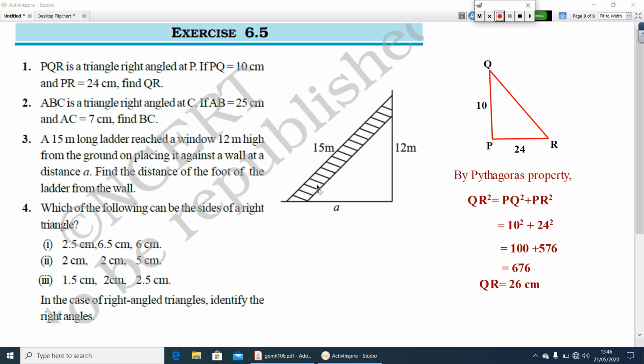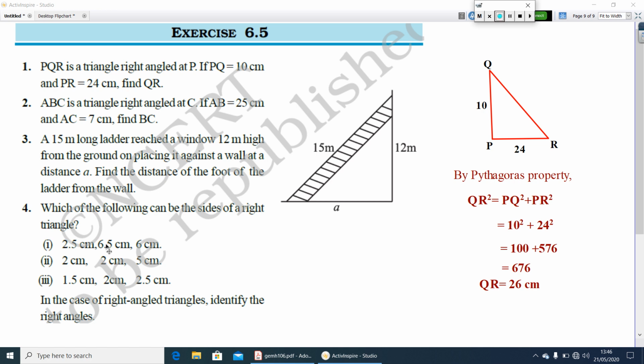For 3, the figure is given, you find out A. Now, which of the following can be the sides of a right angle triangle? How will you find out? 3 measurements are given, 2.5 centimeter, 6.5 centimeter and 6 centimeter. Which one will be the hypotenuse here? Look at the longest side, 6.5.